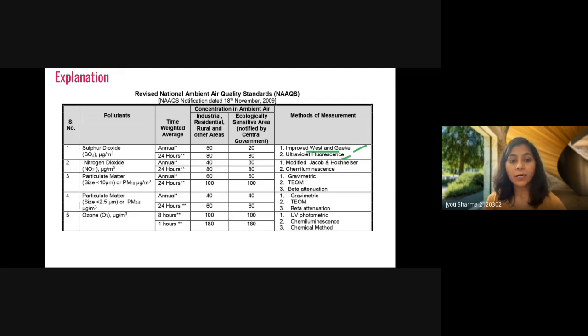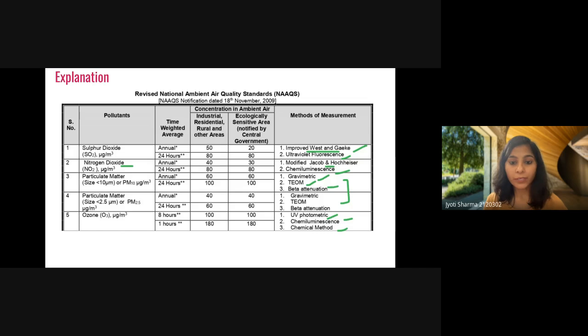If it is nitrogen dioxide, then it will be the Jacobs and Hochheiser method or chemiluminescence. For particulate matter, you can use gravimetric, TEOM, or beta attenuation, and the same for particulate matter 2.5. If it is ozone, then we can use UV photometric, chemiluminescence, or some chemical method.